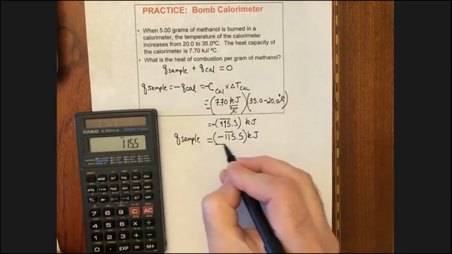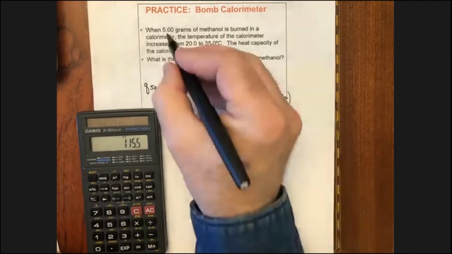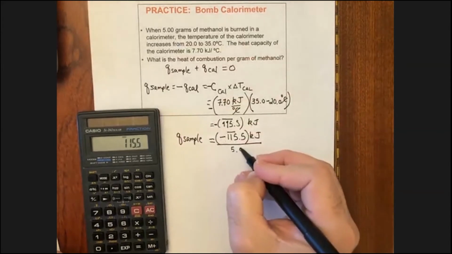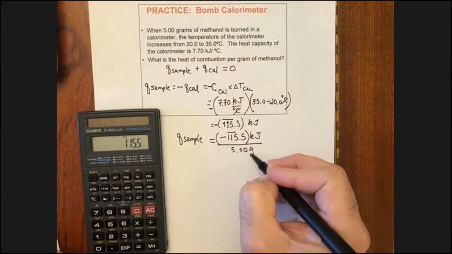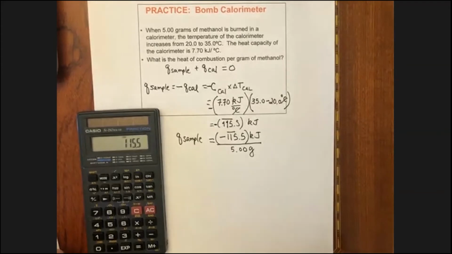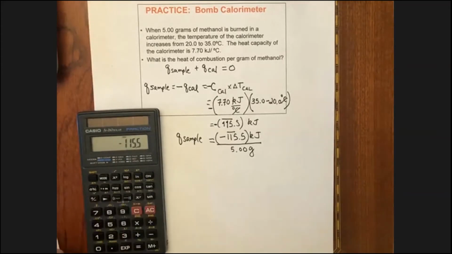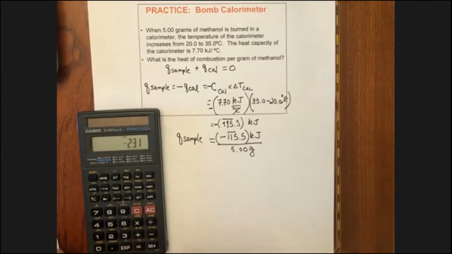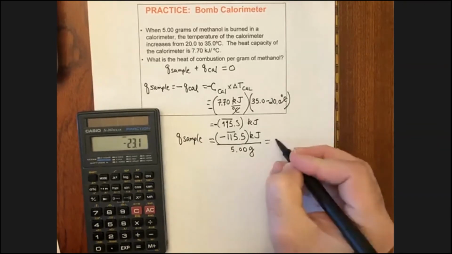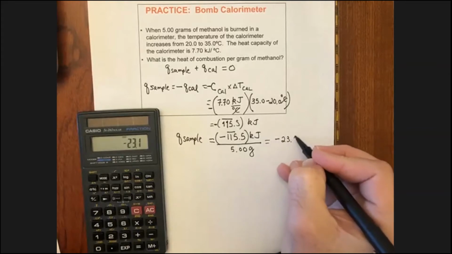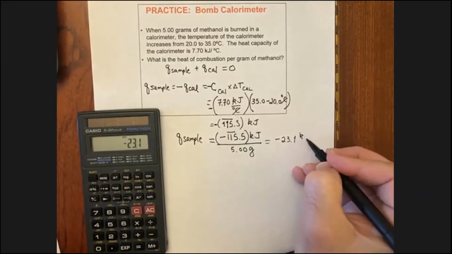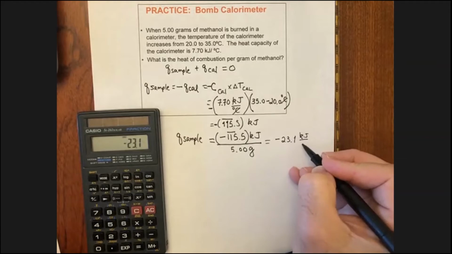I want to leave it in my computer there. And we had 5.00 grams. So I'm going to take the number I had here, put a negative on it, divide by 5.00, and that gives me negative 23.1 kilojoules per gram.